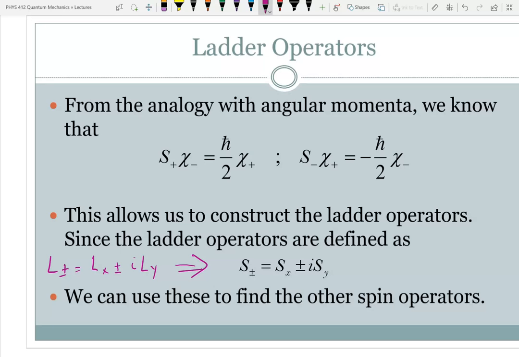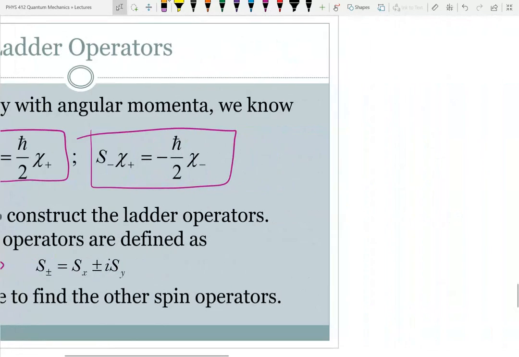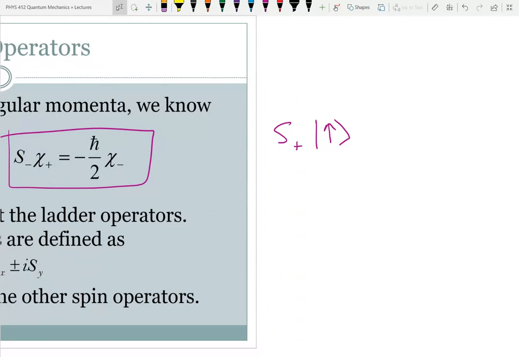So we're going to use these to try to find the relations. S plus acting on, I'm just going to put an up arrow. How's that? S plus acting on spin up.